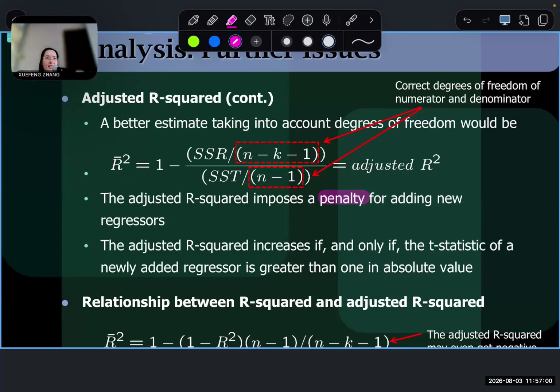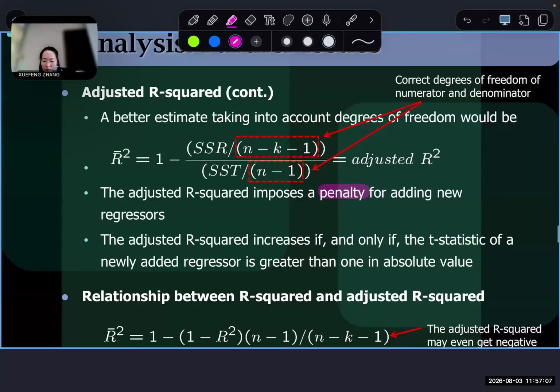If that x doesn't help, it will not increase. The adjusted R squared increases if and only if the t ratio of a newly added regressor is greater than 1 in absolute value. Which means if the newly added x significantly influences y, the adjusted R squared will increase.